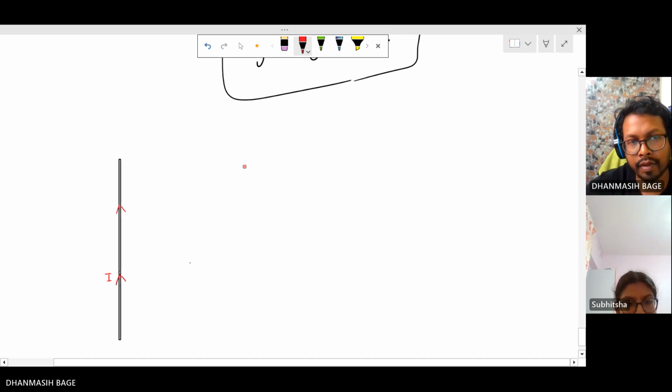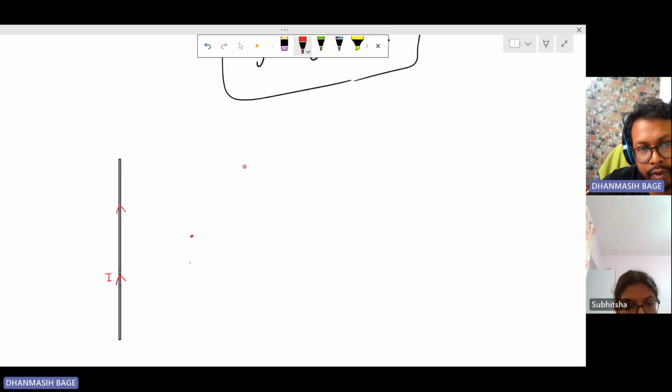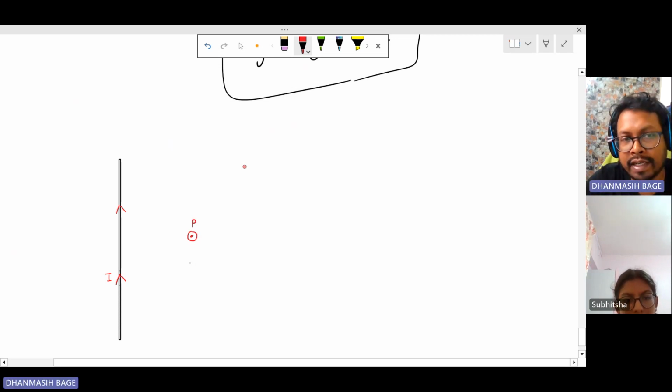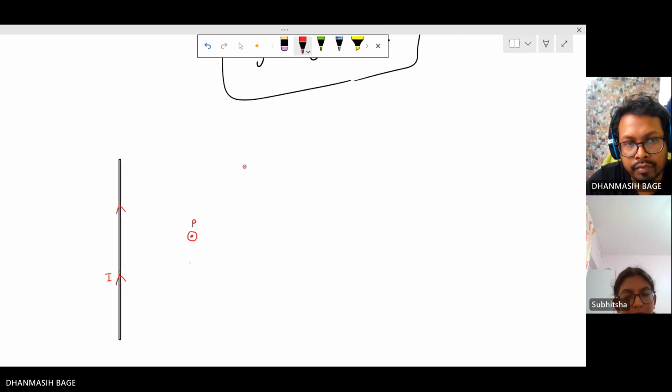I want to find out the magnetic field at this point P. What is the direction of the magnetic field at this point? Can you tell me? Outwards.